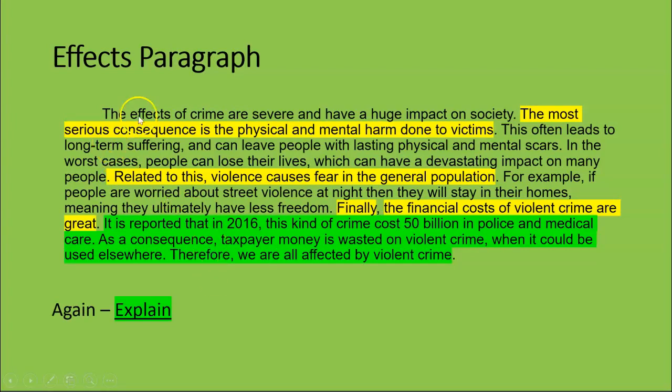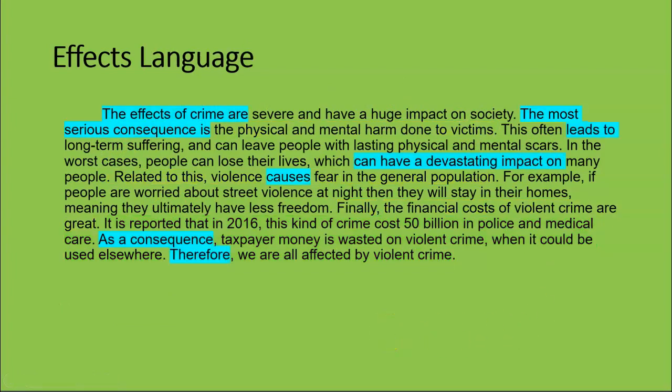So again, topic sentence, make your point, explain your point. 3 main points. And again, on this slide, I highlighted some language for you to notice. The effects of crime are the most serious consequence, leads to, has a really bad impact. This kind of language you can use to describe effects.